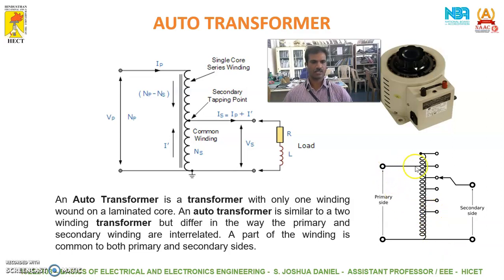So if we are giving 230 volts on the primary side, and you keep the wiper, or that arm, at the first tapping, the number of turns is less, so the voltage is also less. When you keep it at the second tapping, the voltage increases. Similarly, for variable voltage, for example, if you have given 0 to 230 on the primary side, you can vary the output from 0 to 230.